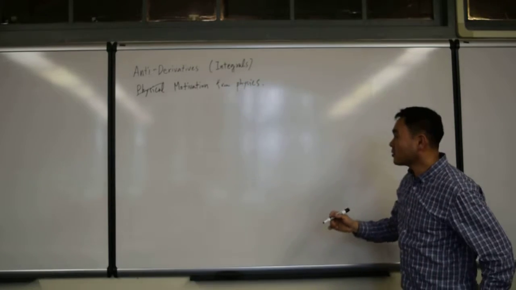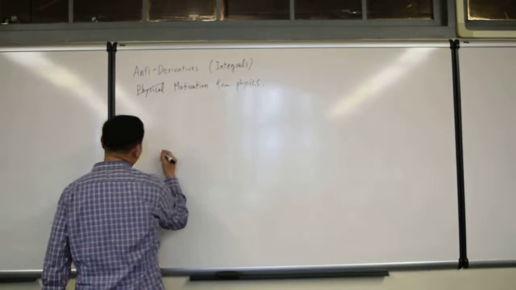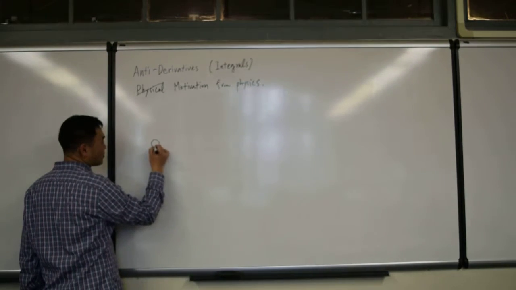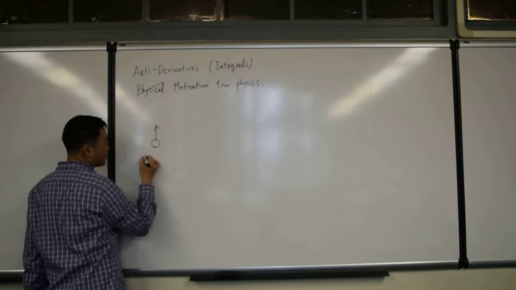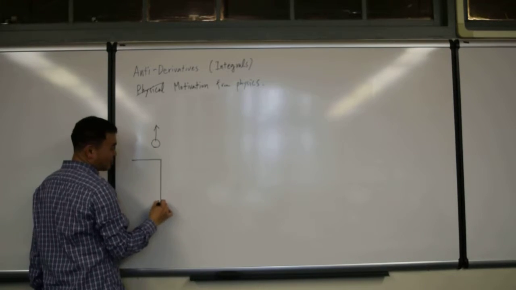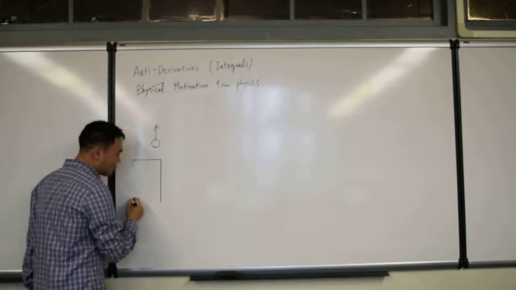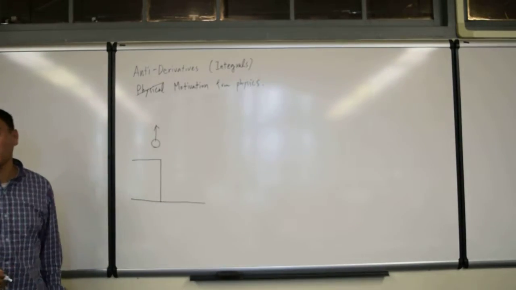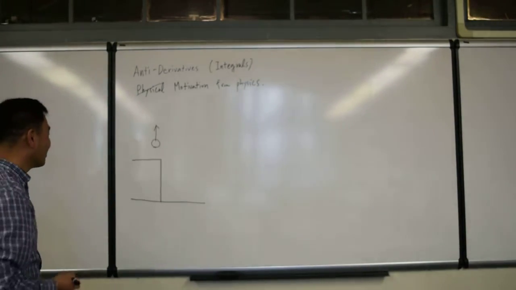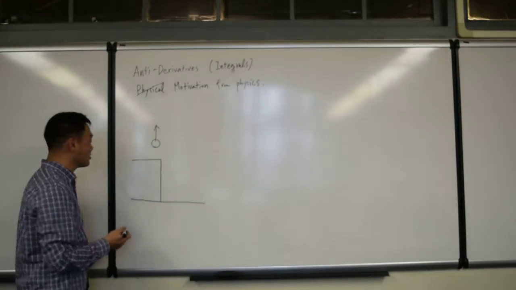All right. So let's go back to this question about a ball being thrown upwards. You throw a ball upwards, and usually in physics, to make things interesting, they throw a ball on the top of a building or on a cliff, because on level ground it's less interesting.